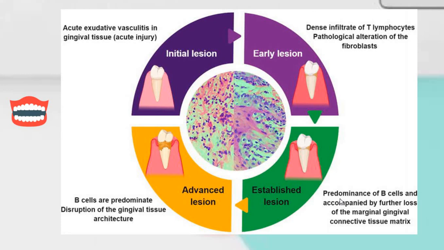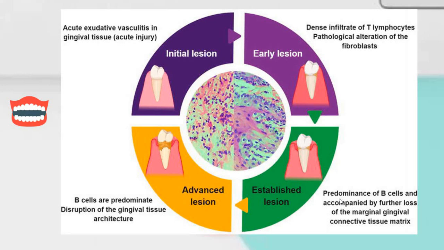Up to the advanced lesion, the disease could be reversible. But after that, when alveolar bone breakdown and more periodontal ligament breakdown happen, the disease will become chronic, irreversible periodontitis, or in the new term it will become periodontitis simply.